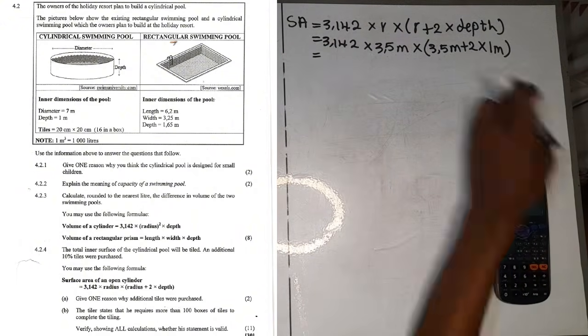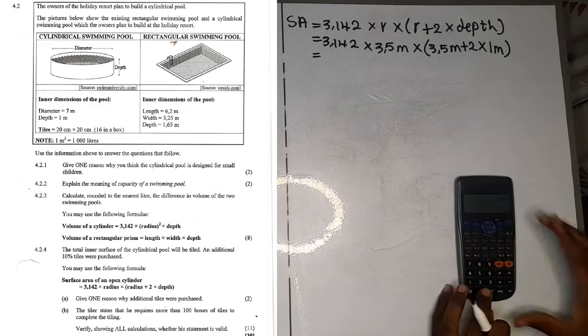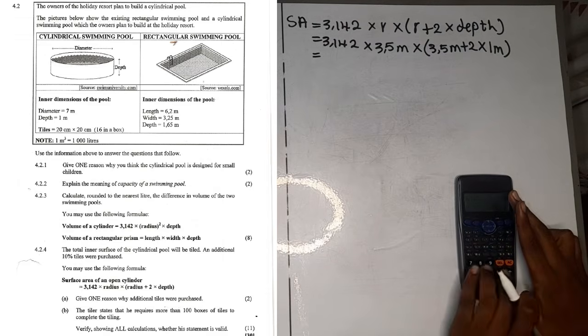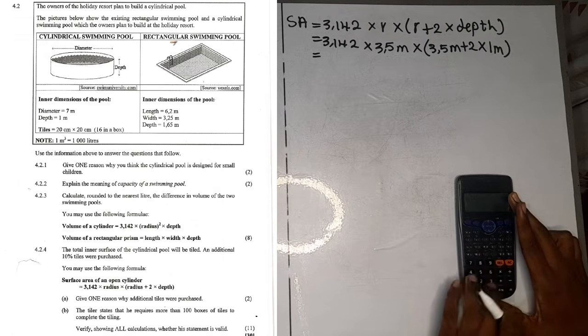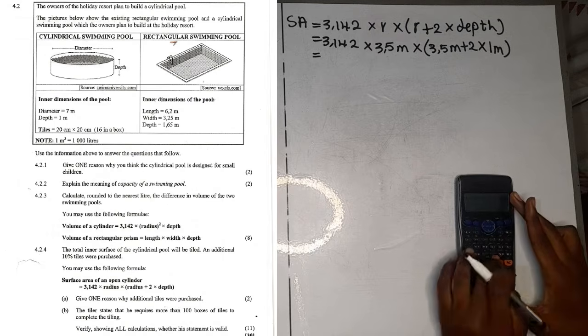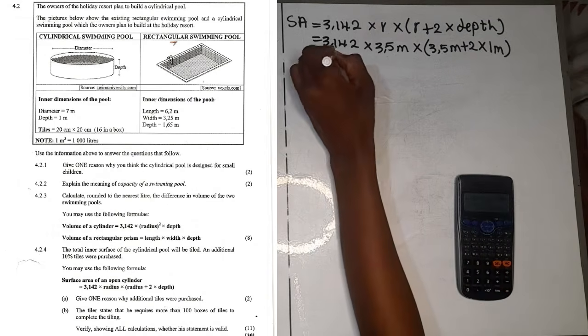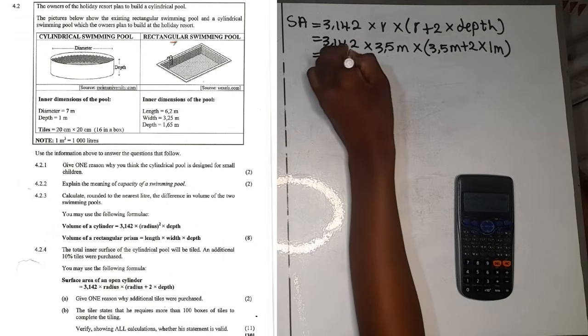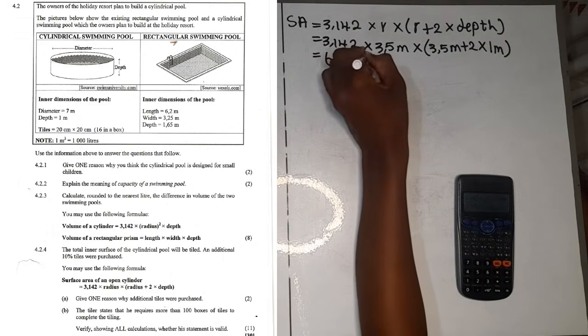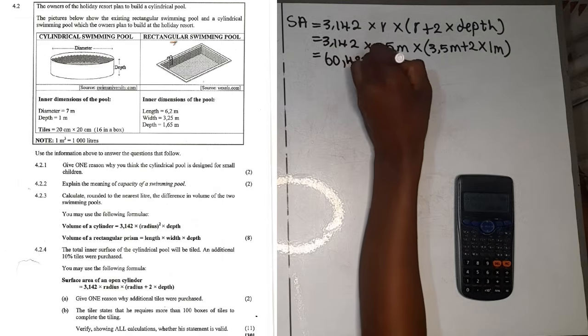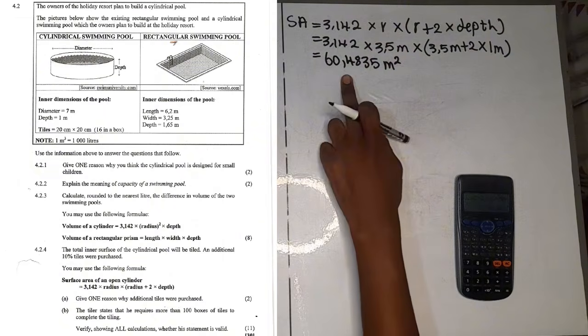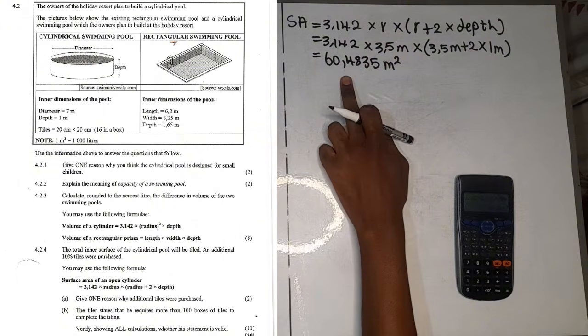We're just going to type the whole thing on the calculator: 3,142 multiplied by 3.5 multiplied by, in brackets, 3.5 plus 2 multiplied by 1, and close the bracket. That gives us a total of 60.4835 meters squared. So this is the surface area of the cylindrical pool.